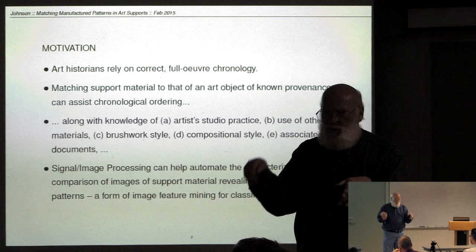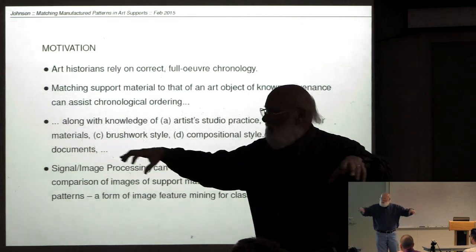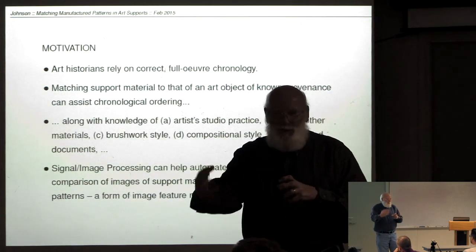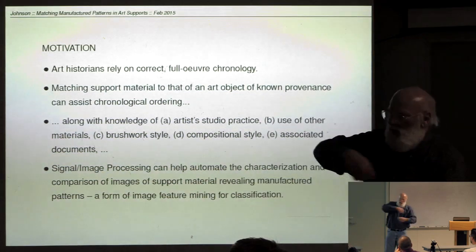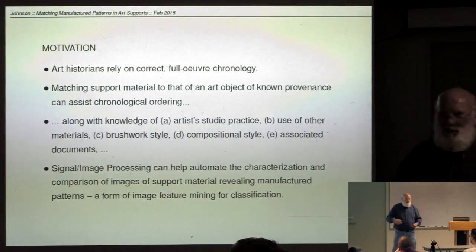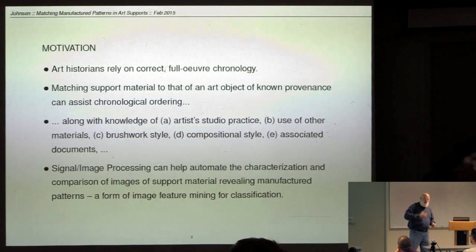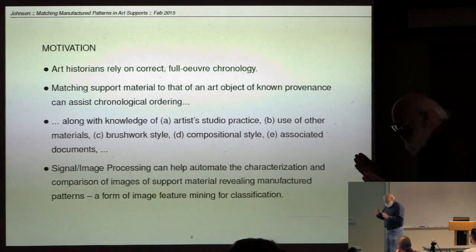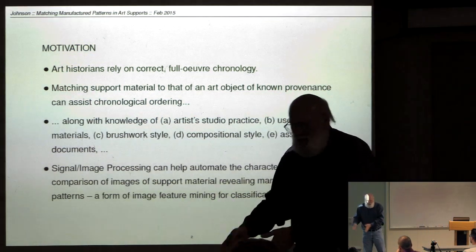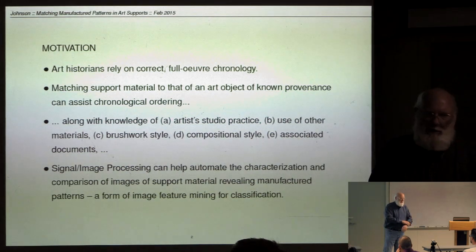If you sprinkle a few fakes in somebody's catalog, then your conclusions about what's going on will be wrong. If you take the dates and scramble them a little bit, your understanding of the progression of the artist over their career is going to be full of holes. So one of the things they care about is getting a full chronology that has everything with the right dating.